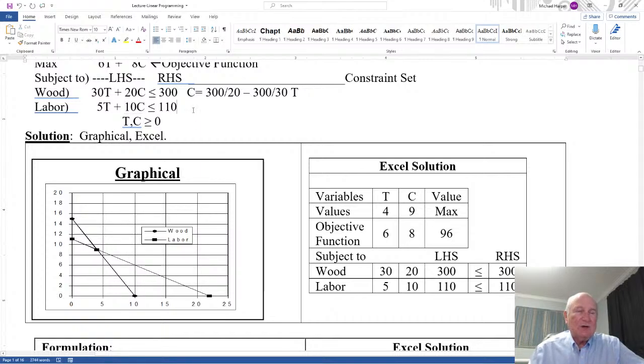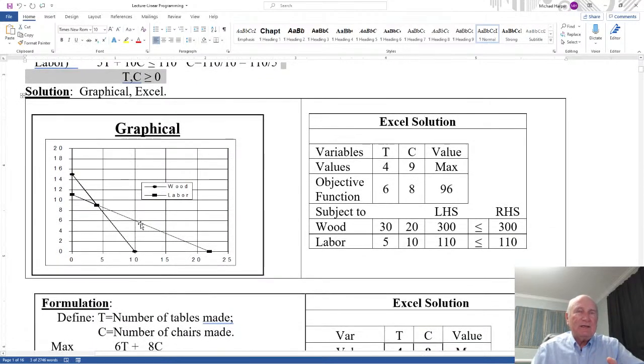Okay, and so I can solve this for C again for this equation here. That's going to be 110 divided by 10, minus 110 divided by 5. And all I'm saying here is I can plot these two lines. This first line is my wood constraint, and my second line is my labor constraint. So visually, you can see what's happening here.